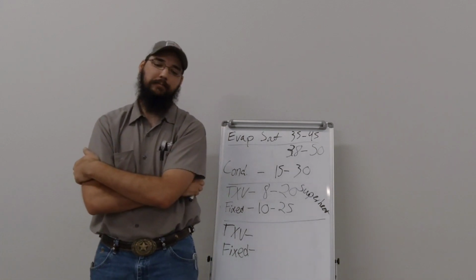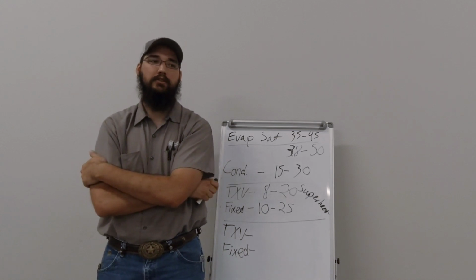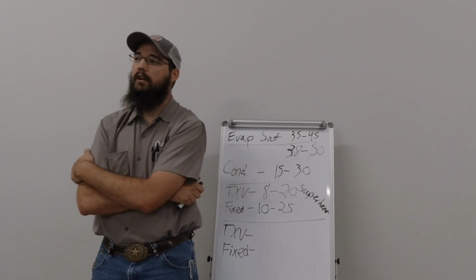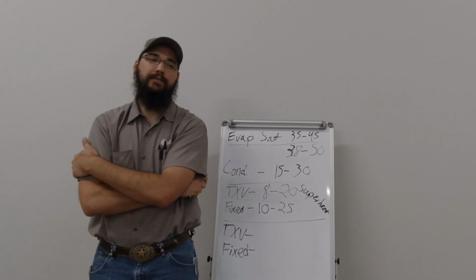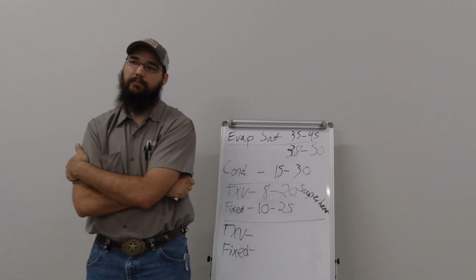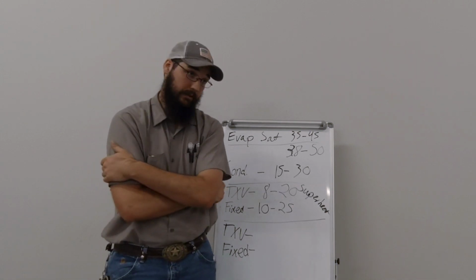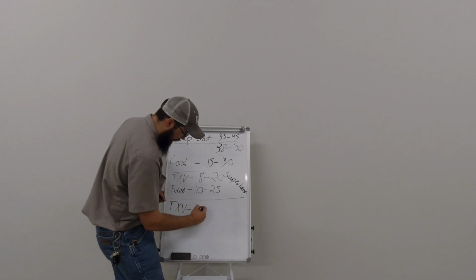Yes. 8 to 12 is a solid number. That's honestly the troubleshooting number to shoot for. The reality is we could do 8 to 15, depending on the situation, would be acceptable. Again, it completely depends on the equipment. But I'm going to put 8 to 15 as the target values.